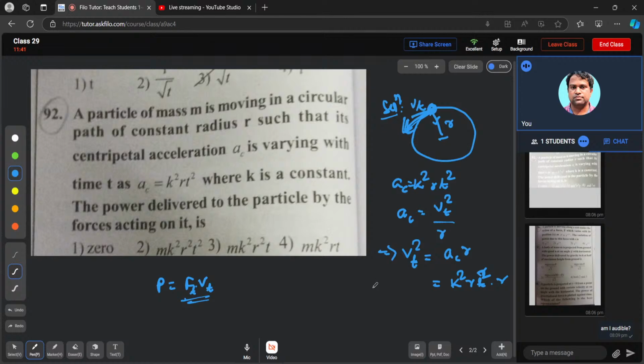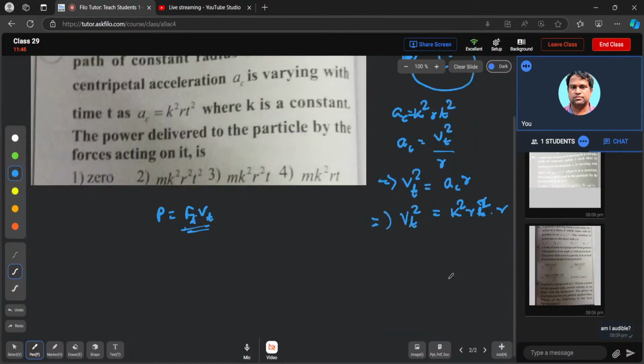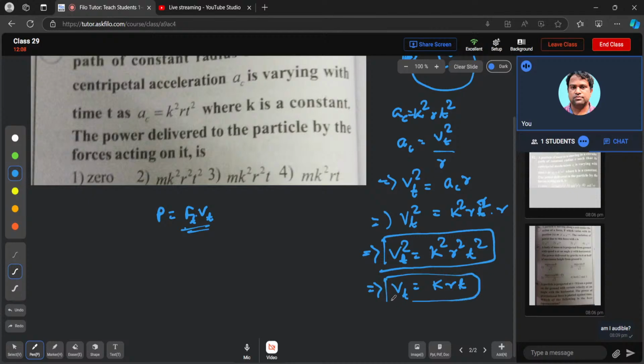So v tangential square is k square r square t square, or you can say tangential velocity is krt. So you got tangential velocity.